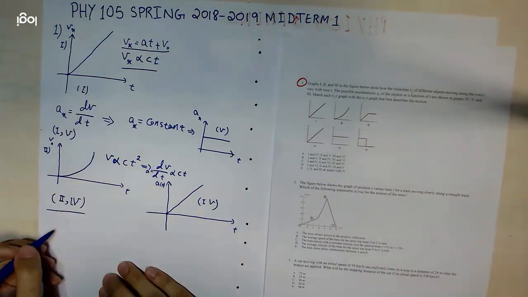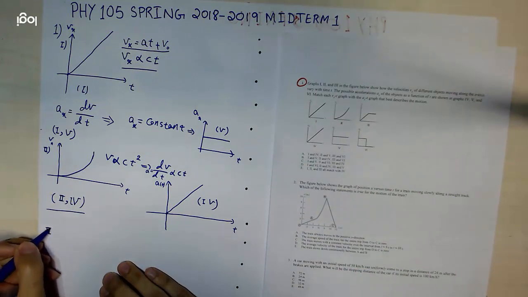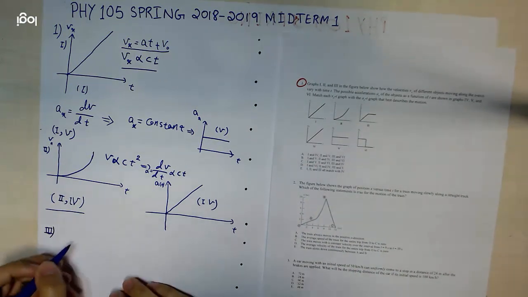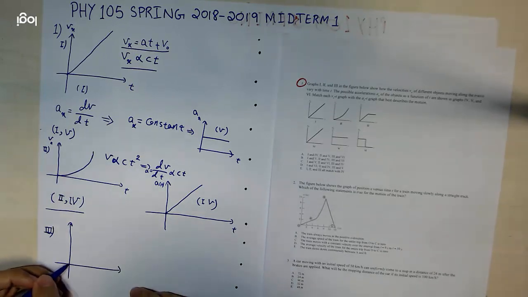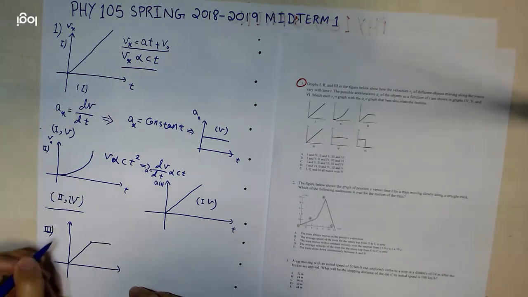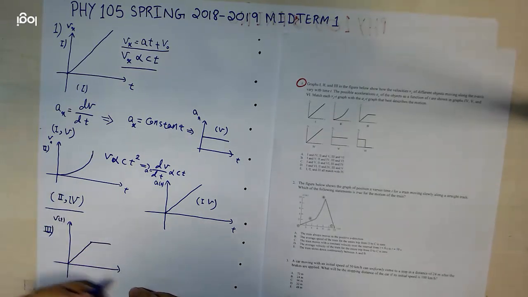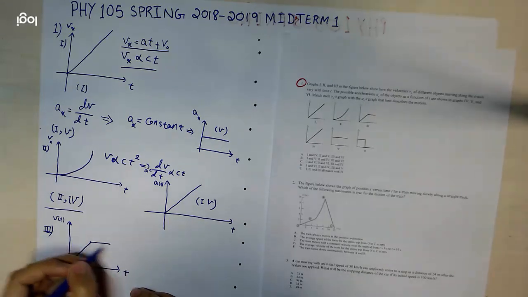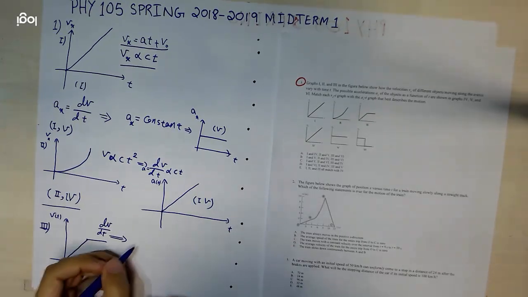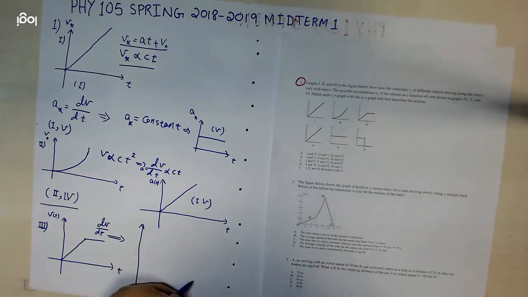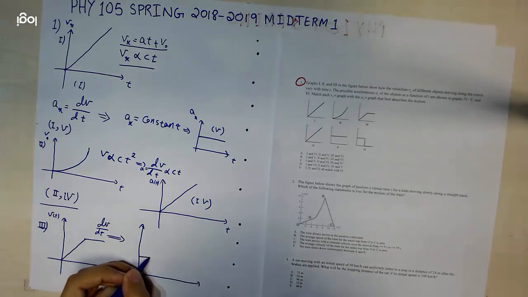Let's come to the last one, which describes the motion as linear and constant. So, the derivative of the velocity in the first part should be one constant line.